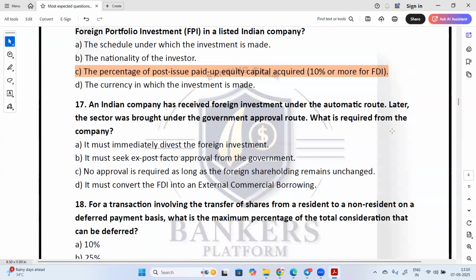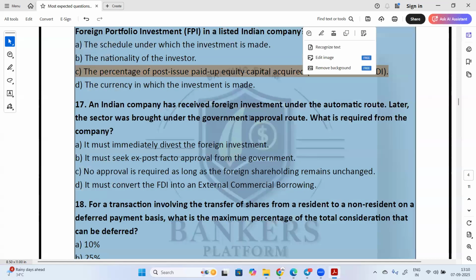Let's see the next question. Question number 17. An Indian company has received foreign investment under the automatic route. Later, the sector was brought under the government approval route. What is required from the company? So when the investment was made, it was under the automatic route, and now it is the approval route.